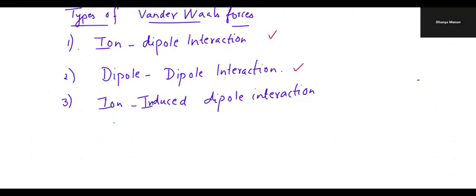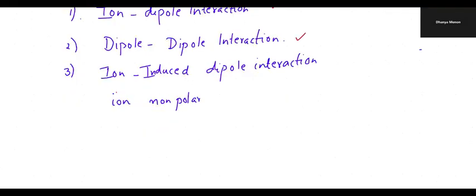It exists between an ion and a non-polar molecule. For example, suppose I take a hydrogen molecule, which is non-polar, and I take an ion, maybe bromide ion. So I'm taking an ion and I'm taking a non-polar molecule.